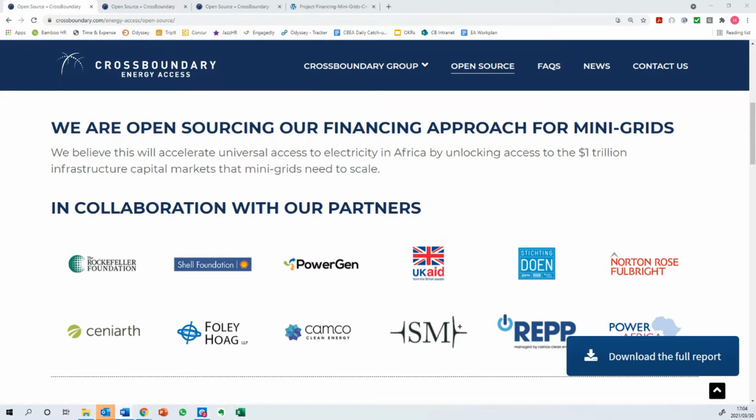Our investors are Ken Yarth, the Doughton Foundation, the Renewable Energy Performance Platform, as well as the Rockefeller Foundation, who have been quite critical for bringing us to this point. Everything that Cross Boundary Energy Access has been doing has also been supported by the Shell Foundation, UK Aid and Power Africa.